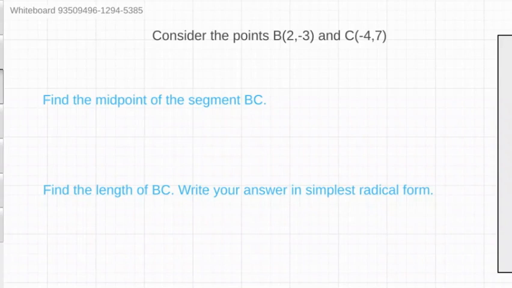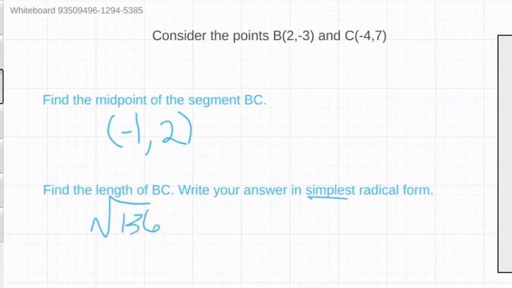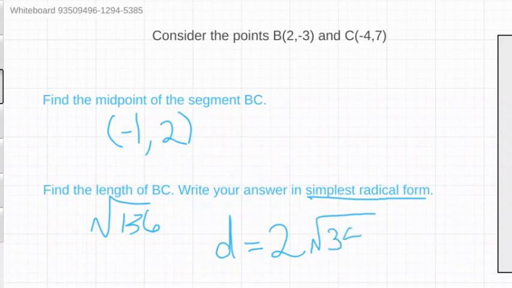So the midpoint of the segment BC is negative 1, 2, and the length of BC is the square root of 136, but it's asking us to write our answer in simplest radical form, so we can simplify it, and our answer would be D equals 2 rad 34.